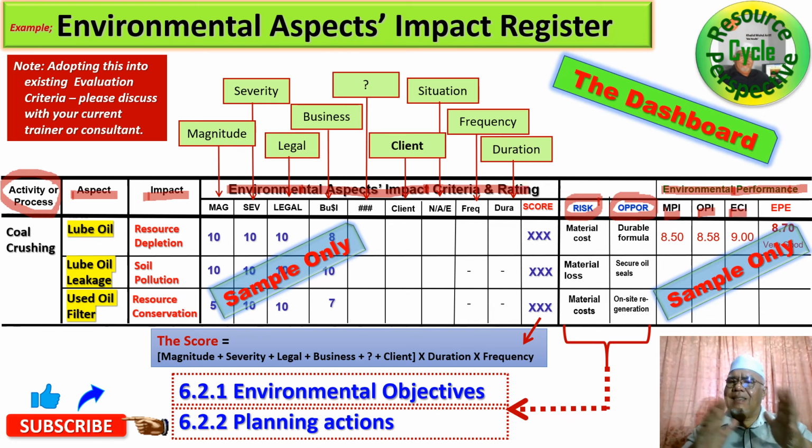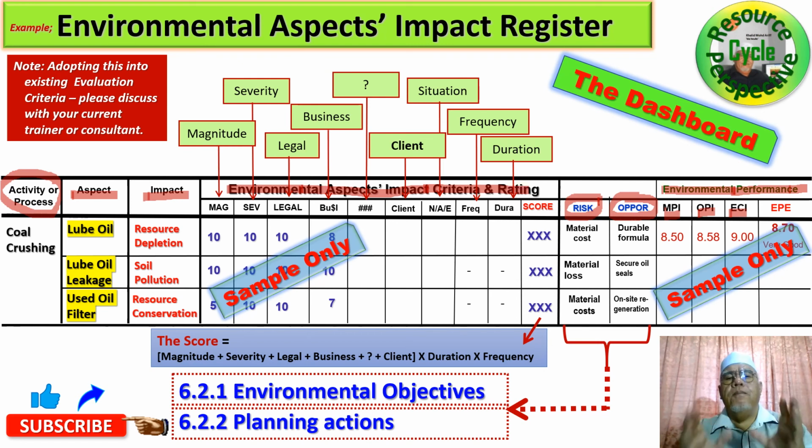This is another set of criteria and rating. Then we blend them together, we fit them into this table, so that they become something comprehensive, understandable, visible, which I call the dashboard.